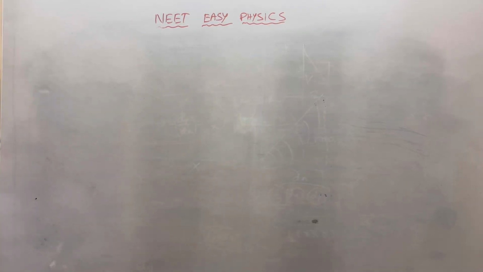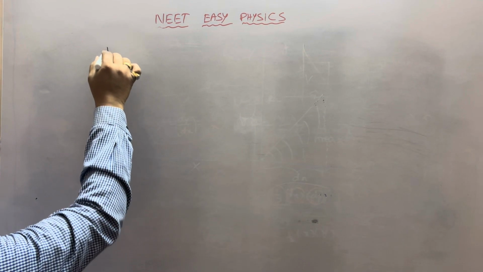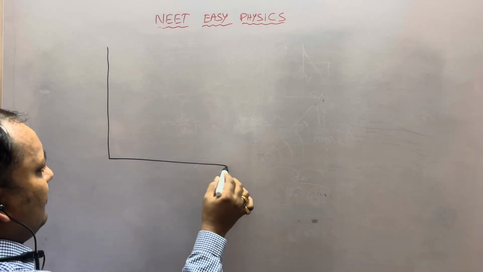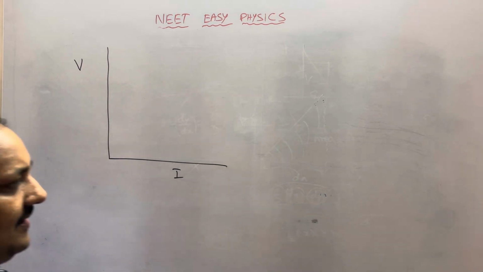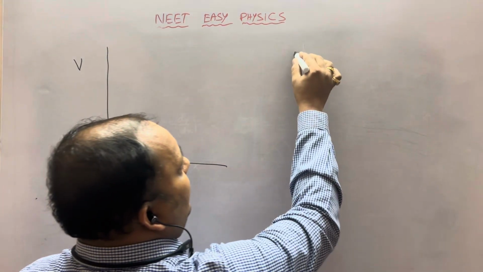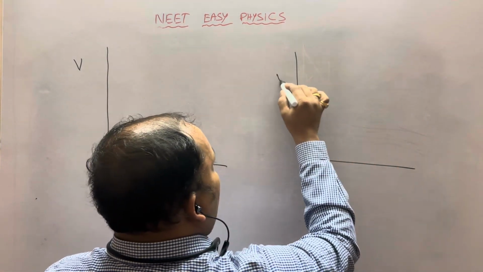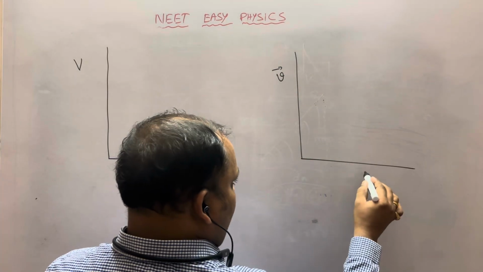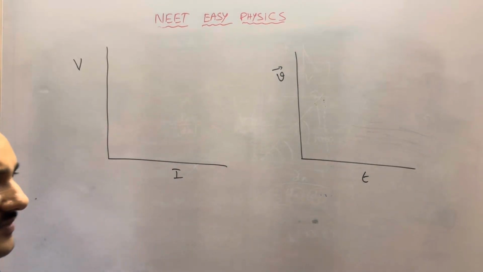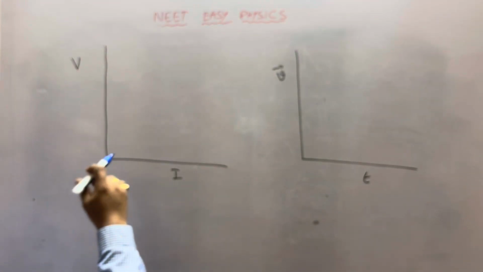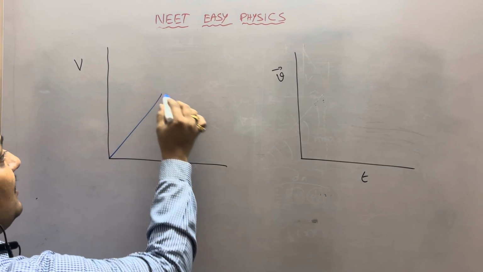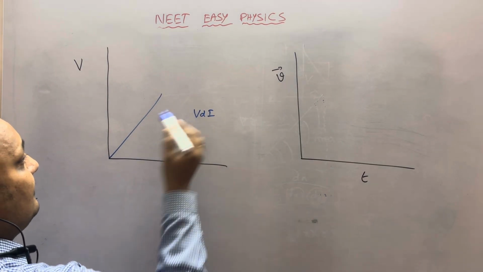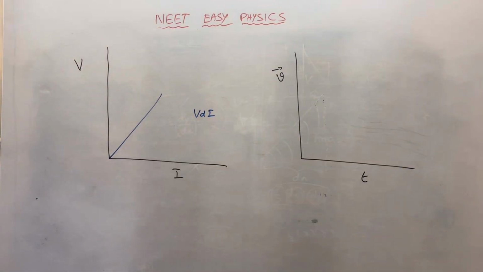Now see one example of how that area is going to work. We can draw a voltage and current graph, otherwise a velocity and time graph. So two graphs they gave. Let us assume the voltage and current graph. According to Ohm's law, it is always a straight line passing through the origin.